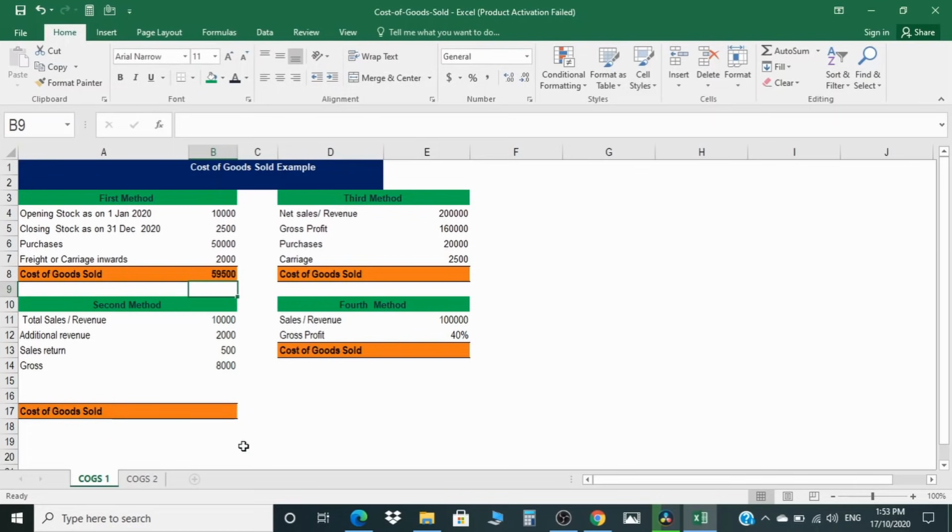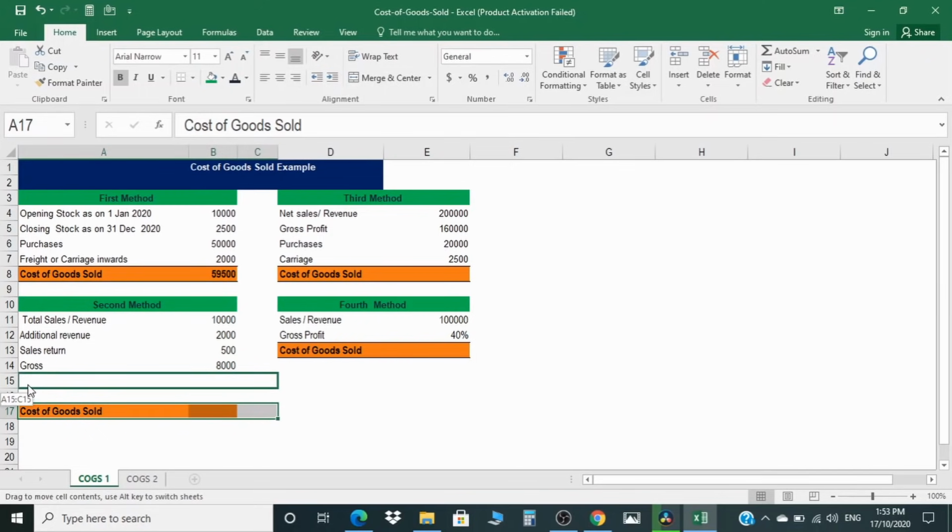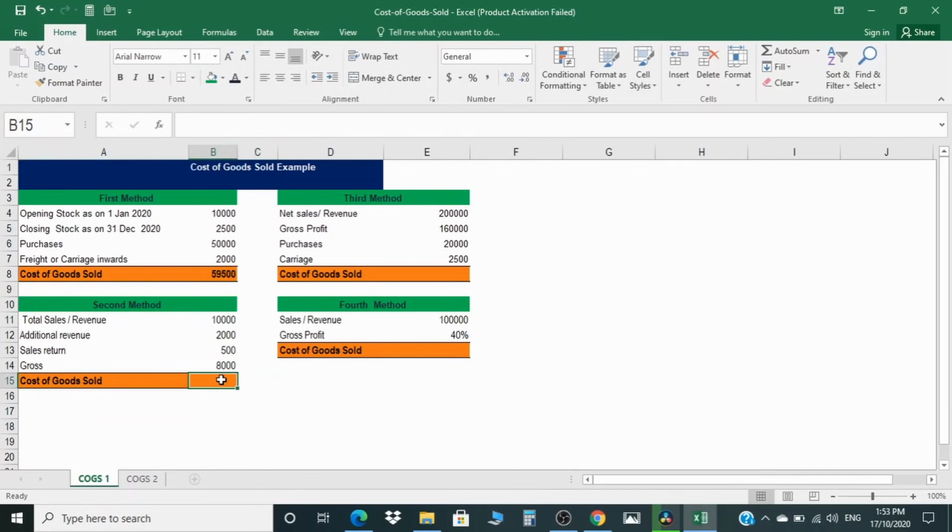And now we go by the second method. We have total sale plus some additional revenue, so it's a part of the sale as well. Then here is another term, say return. Some of the customers return your goods, that means it's no more a sale, it's in the stock now.